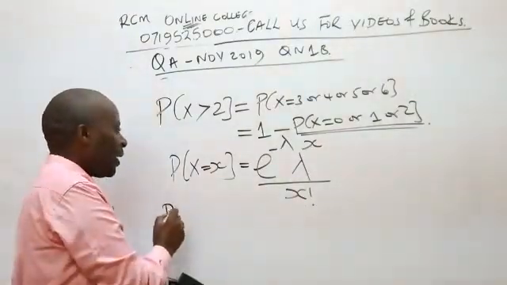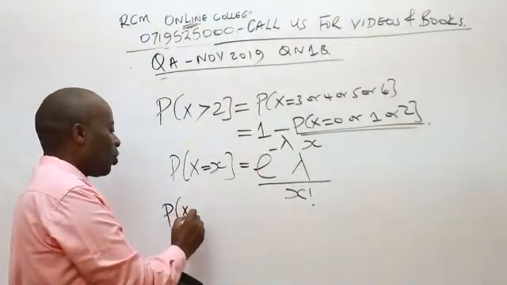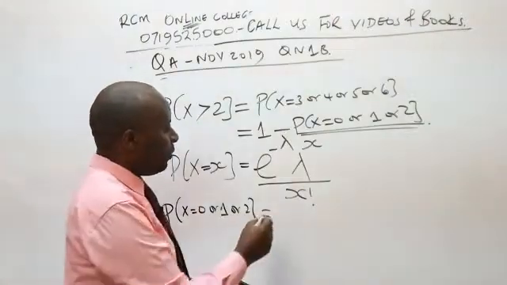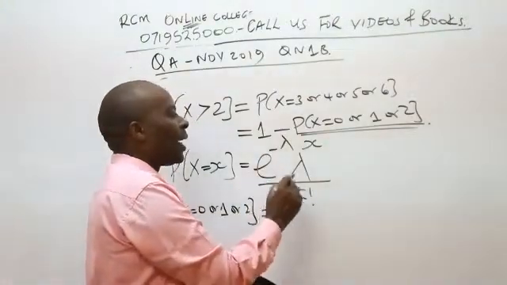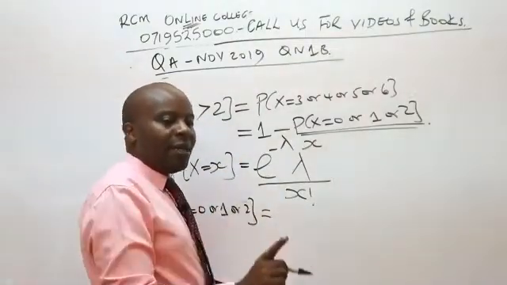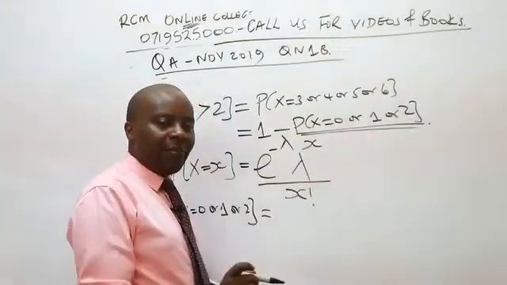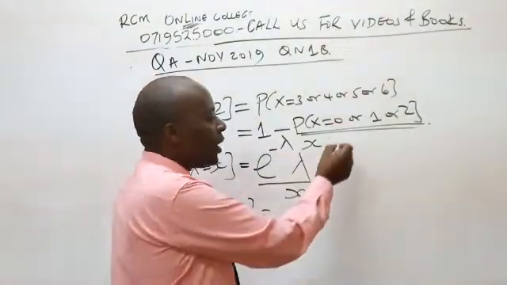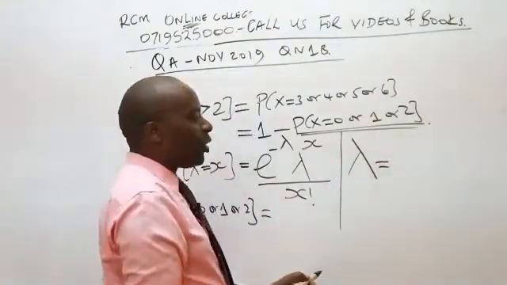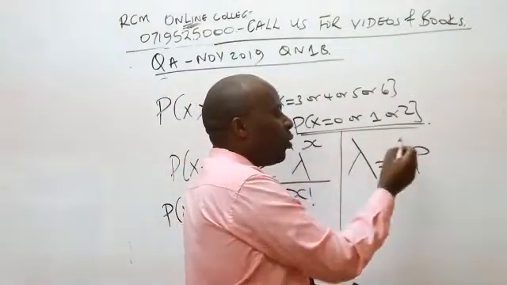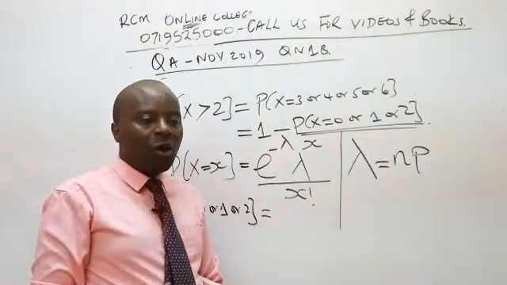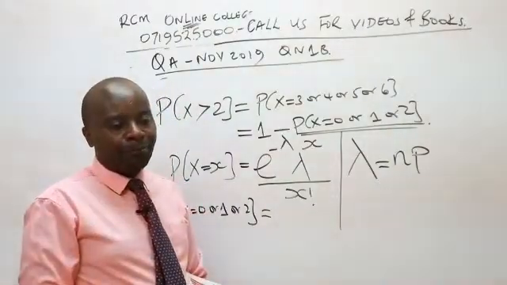So probability of x equals 0 or 1 or 2 using this Poisson will be equal to e raised to negative lambda. Remember that lambda is the mean. In this question, they never gave us the mean. Remember, in our normal class, we said whenever the mean is not given, to get lambda we normally talk of NP.